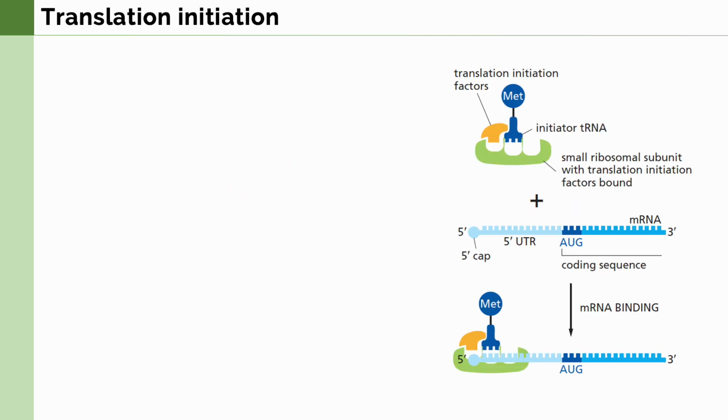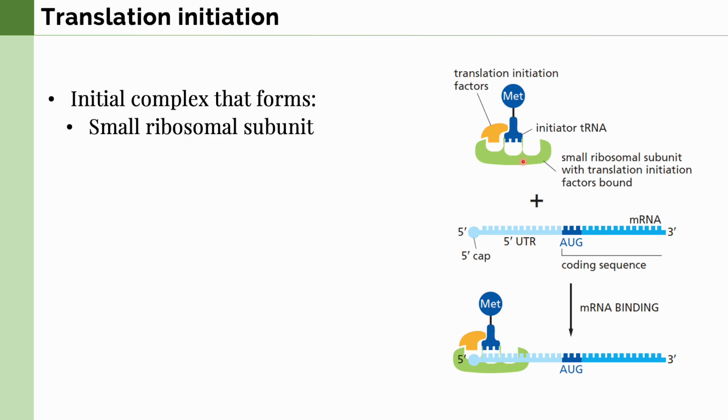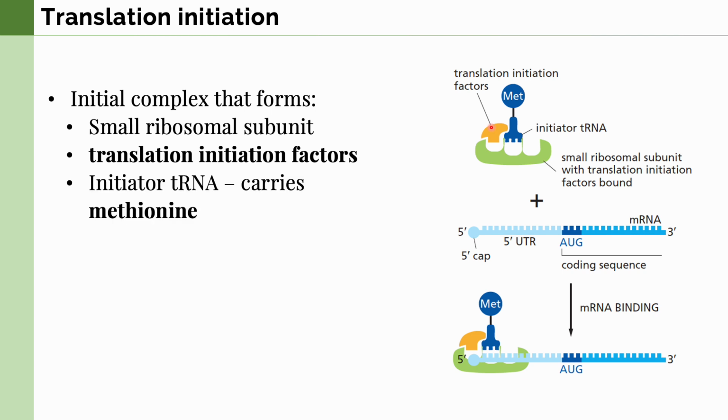Let's now talk about how translation is initiated and terminated. The first thing that forms in the cell is called the initial translation complex, and this is composed of the small ribosomal subunit, a variety of translation initiation factors, and the initiator tRNA, which carries our methionine. It is important to note that this is the only tRNA that can bind to the small ribosomal subunit without the large ribosomal subunit.